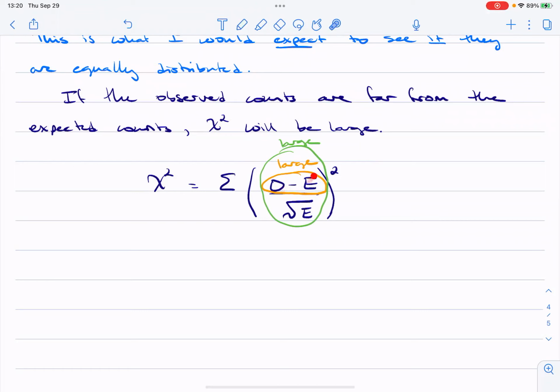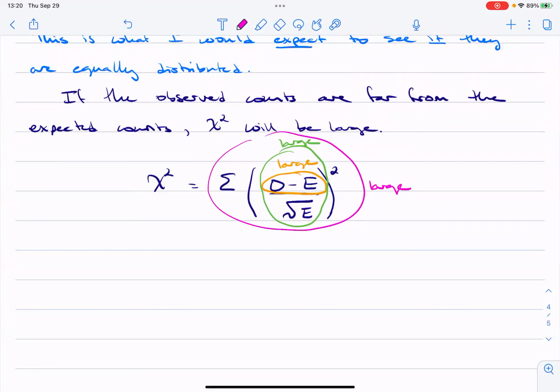And so if the numerator is large, then dividing by the same number gives you a larger number. And then squaring it makes it even bigger. And then adding those up gives you a larger sum. So, cut to the chase, all of this becomes large.